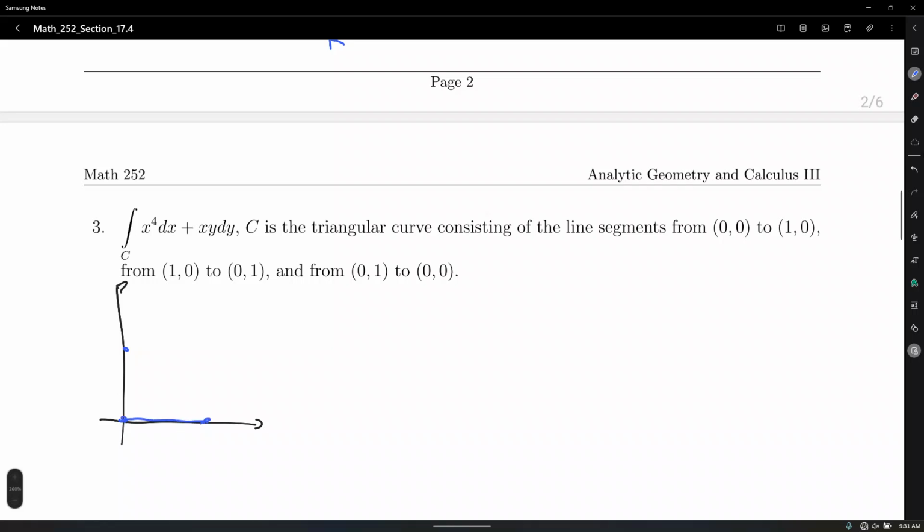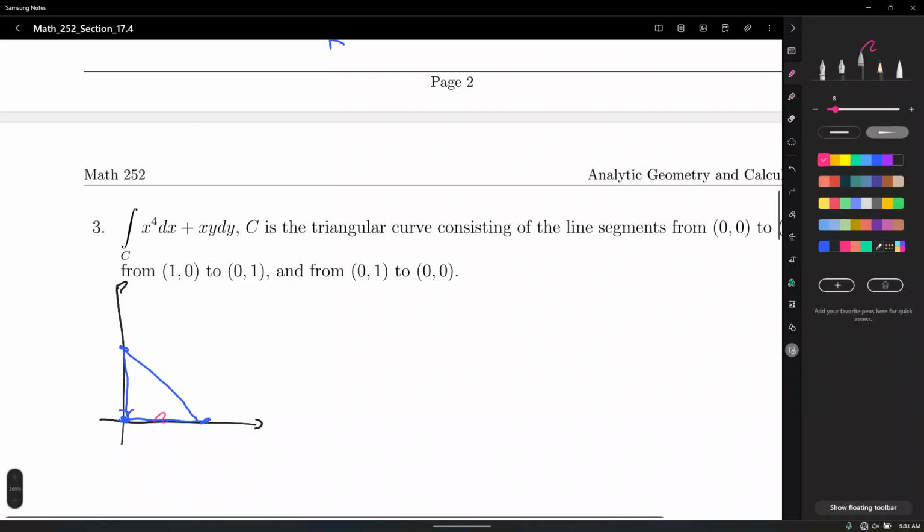Okay, so it's this triangular region with this orientation. Let's shade the region of integration inside, because we are not evaluating the line integral directly. We're getting its value by evaluating a double integral over a planar region, right? That's what we're doing.